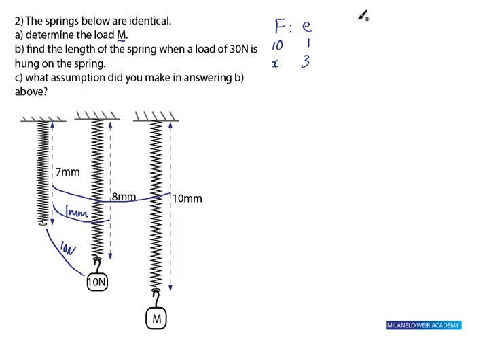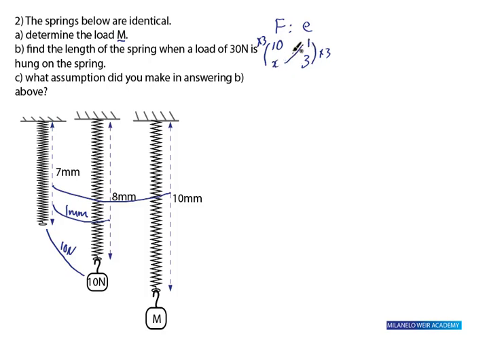I can quickly see that from here to here we multiplied by 3, and from here to here we also multiply by 3. 10 times 3, that's 30 Newton.